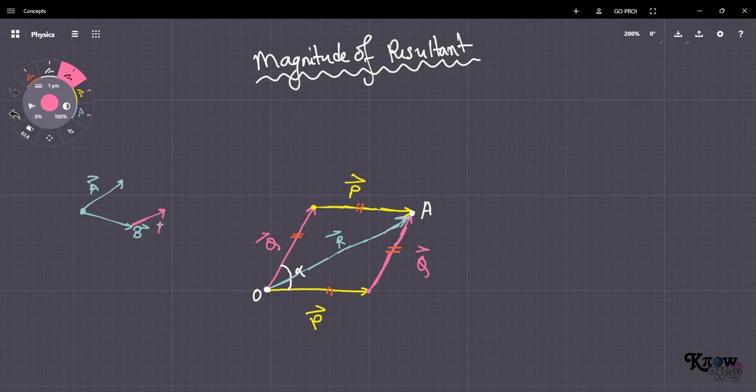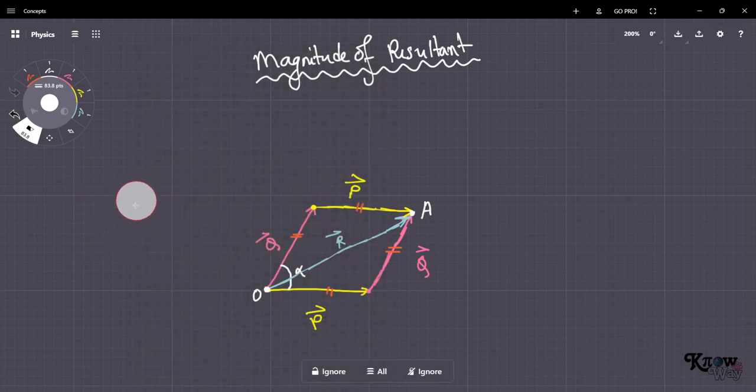You can draw another A right over here and another B right over here, and just cut through the diagonal, and you'll get the resultant vector. This is very logical, because the initial point of the first vector and the final point of the second vector match, so it is true.